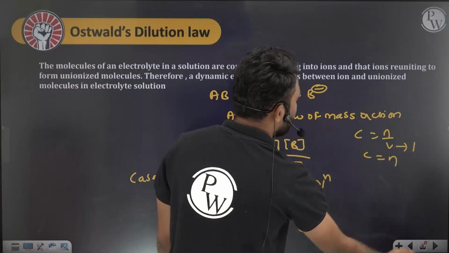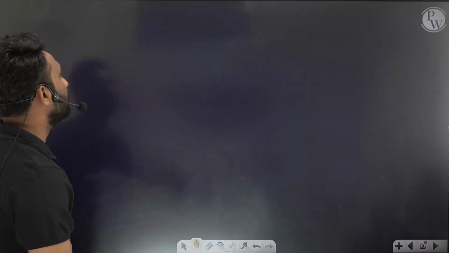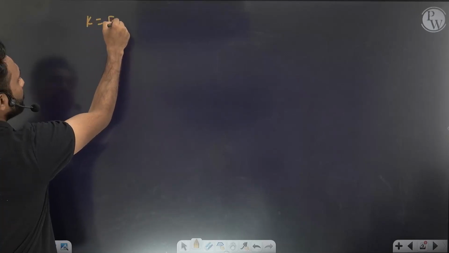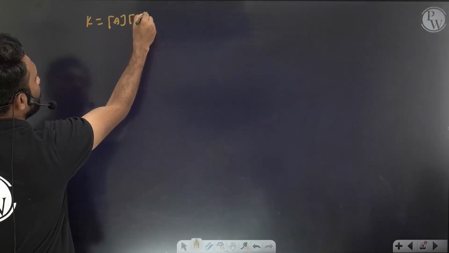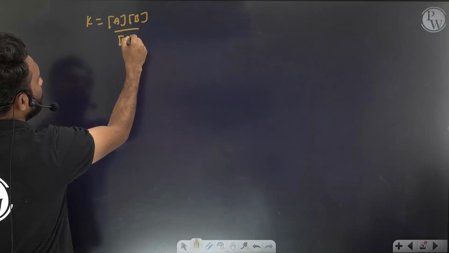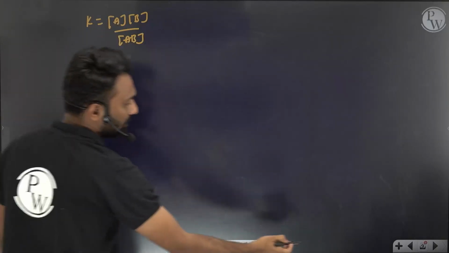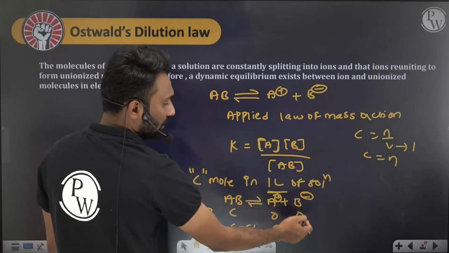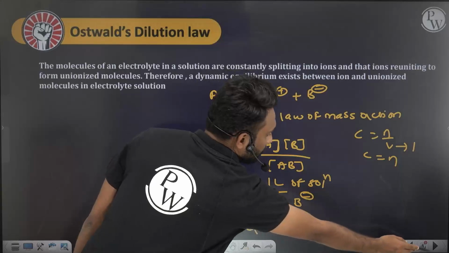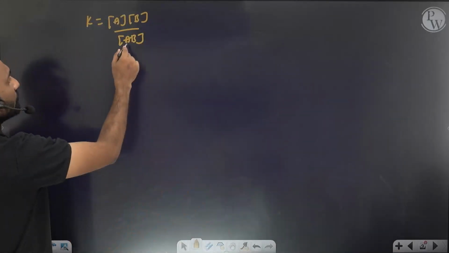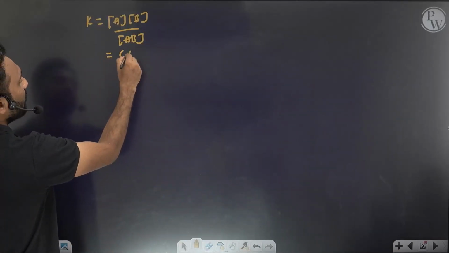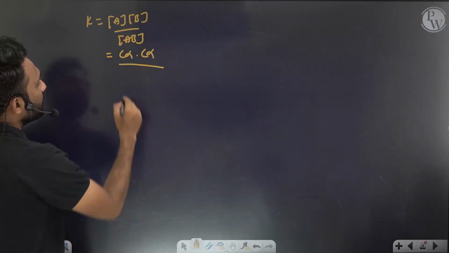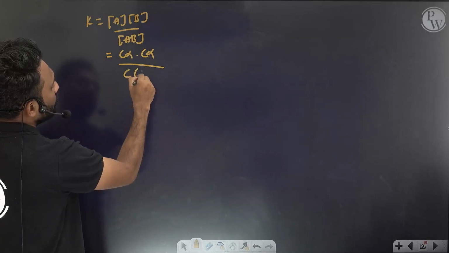Now here he has applied the equilibrium constant. It becomes concentration of A and concentration of B by concentration of AB. At equilibrium, the concentration of A is C alpha, the concentration of B is C alpha, and the concentration of AB is C into 1 minus alpha.